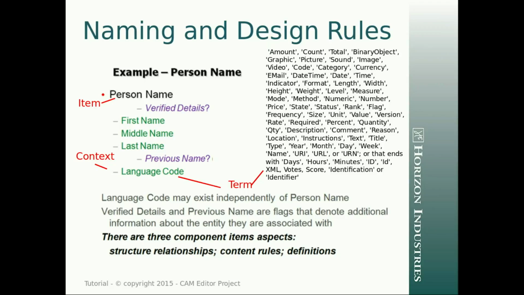And then obviously things like verified details, previous name, those are Booleans, and so on. So the idea is that all the components that you are utilizing within your CAM template conform to these naming and design rules.